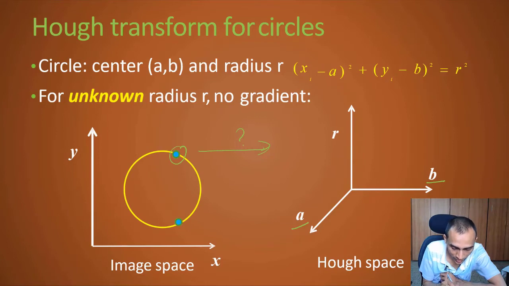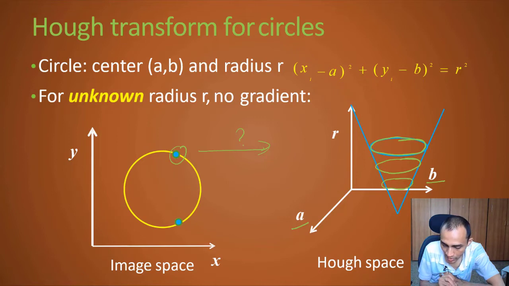So for some radius, probably this point will vote for this much. If you increase the radius, it will vote for this kind of a circle, and if you further increase, and so on. So that is what is going to happen. Earlier one point was just corresponding to one fixed circle for a fixed radius, but now because the radius is changing, when you have a small radius, A and B will be somewhere here, and for a smaller radius it is going to vote for a smaller circle, and when radius is large it is going to vote for a larger circle.